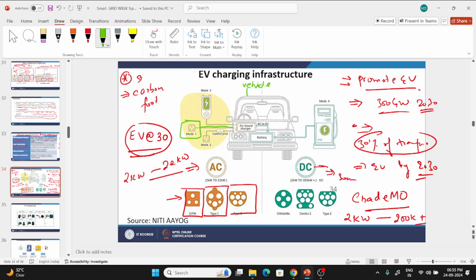We just plug in and it will charge. The power comes as AC, then this onboard charger does the AC to DC conversion inside the vehicle, and the battery gets charged. This is mode one of charging.